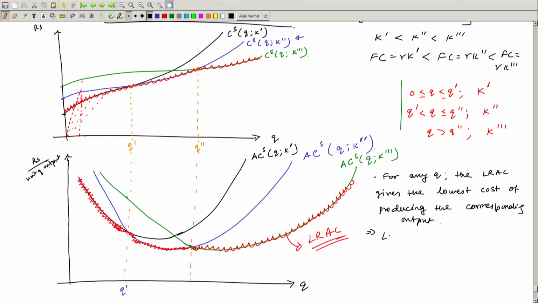Which means that the long run average cost must also give the lowest possible average cost, rather, to be more precise, the lowest average cost of producing the corresponding output.